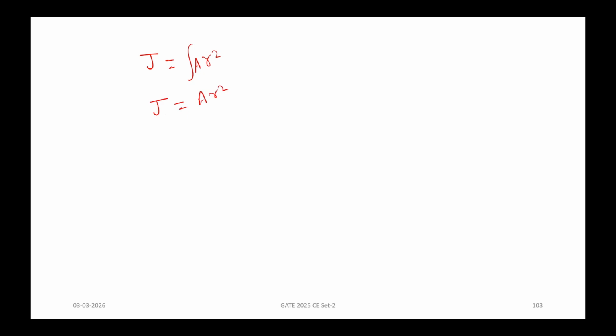A is pi times thickness into diameter. So A and R we know already, so all things we know.